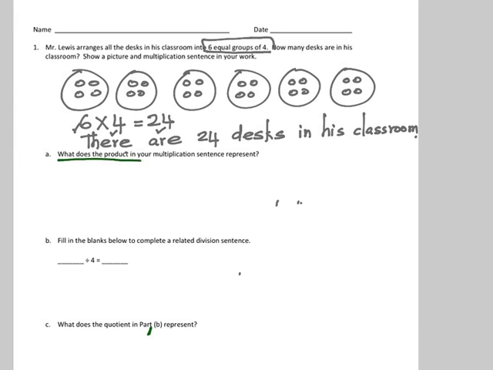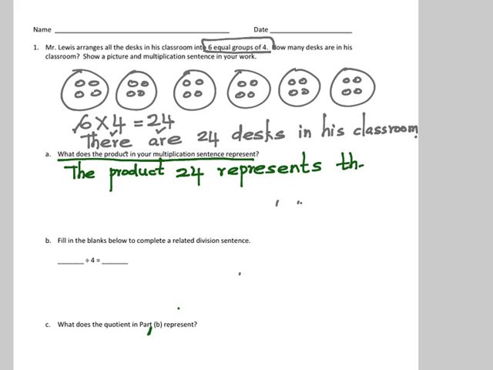The next question is, what does the product in your multiplication sentence represent? So what is the product here? We know that 24 is the product, right?